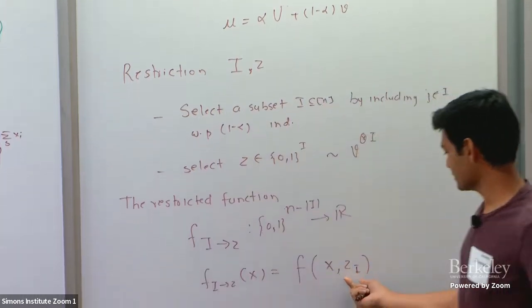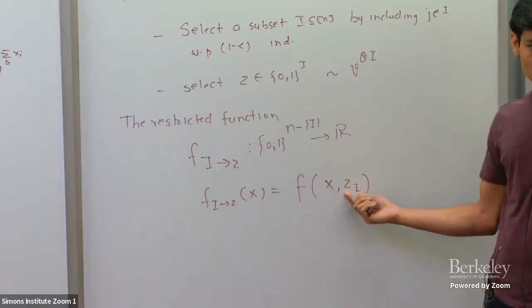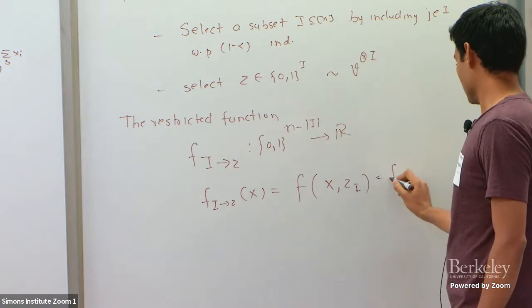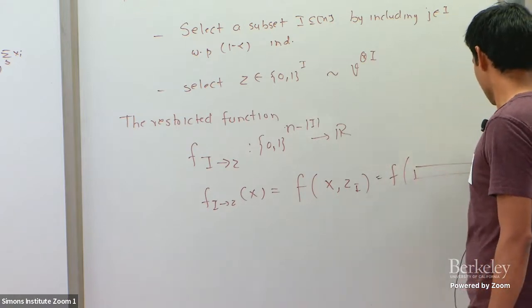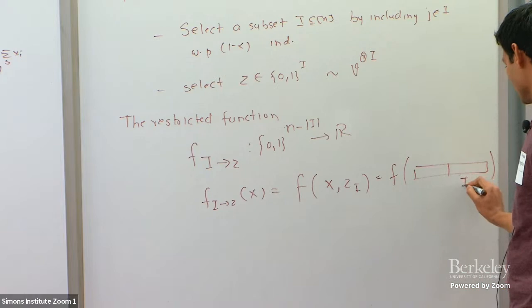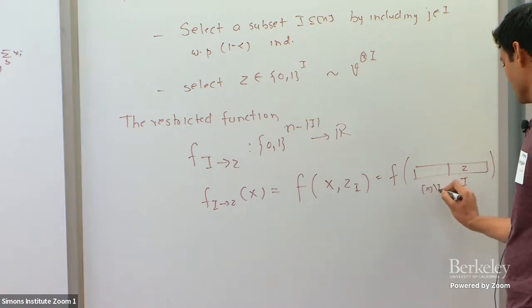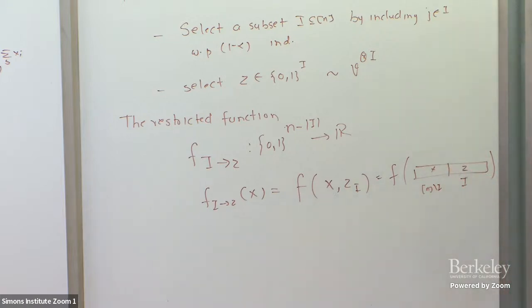We are basically fixing the coordinates in I according to z, and then you have these live variables. So f has this I here where you put z, and in [n] minus I, you put x. So that's the definition of a restricted function.